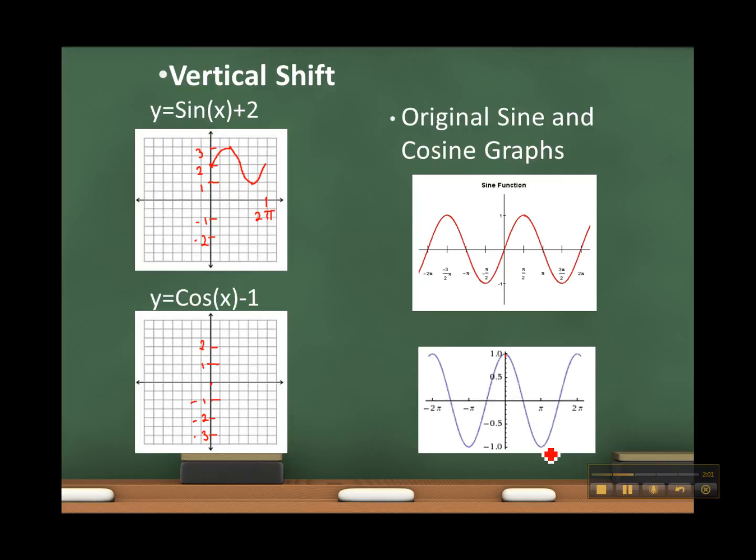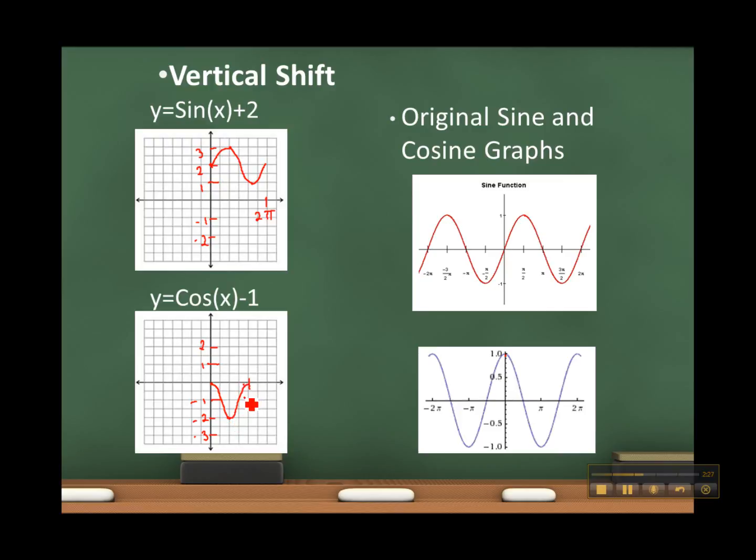My lower value is negative 1. So instead of going to negative 1, now I'm going to need to go to negative 2, because negative 1 minus 1 is negative 2. And again, back up to 0, because I need to end wherever I started. So I'm going to go from here, go down to negative 2 and back up to 0.